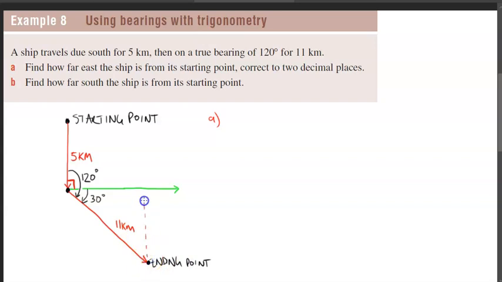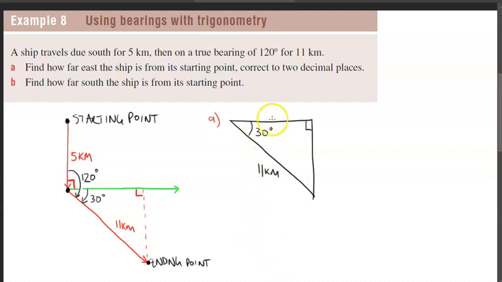It's a dotted line, so you can see the application of trigonometry, because we've got a right angle triangle here. So let's replicate this right angle triangle and fill out what we do know. The first thing we know is that it's a 90 degree angle here. We have an angle of 30 degrees and we have 11 kilometers.